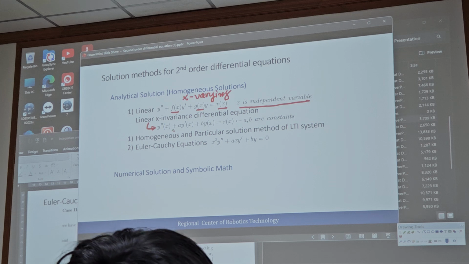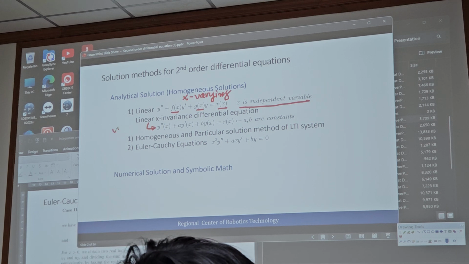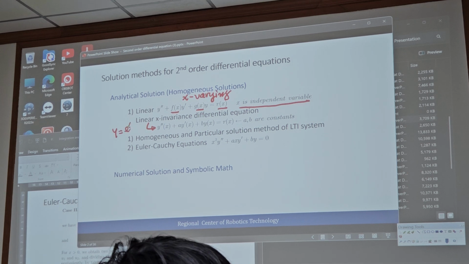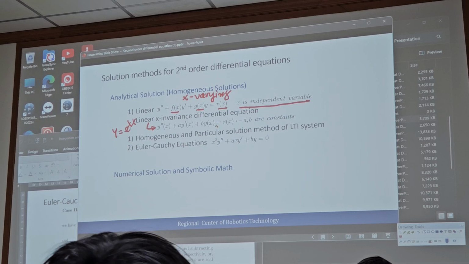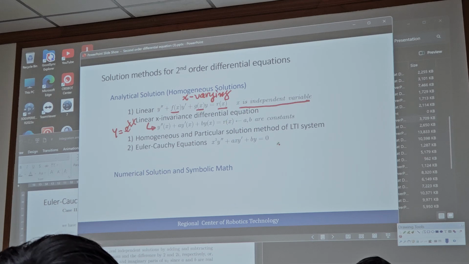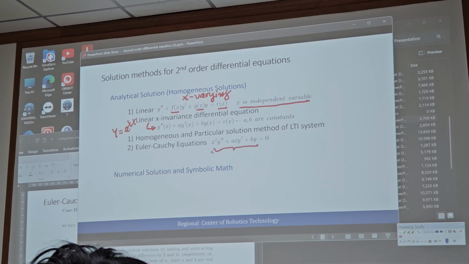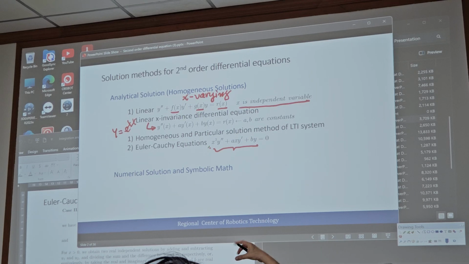For this one you can use a similar approach, e to the lambda x, to solve. The homogeneous solution is equal to 0, and you have another one, Cauchy. I just moved and summarized this from the previous slide to this one.